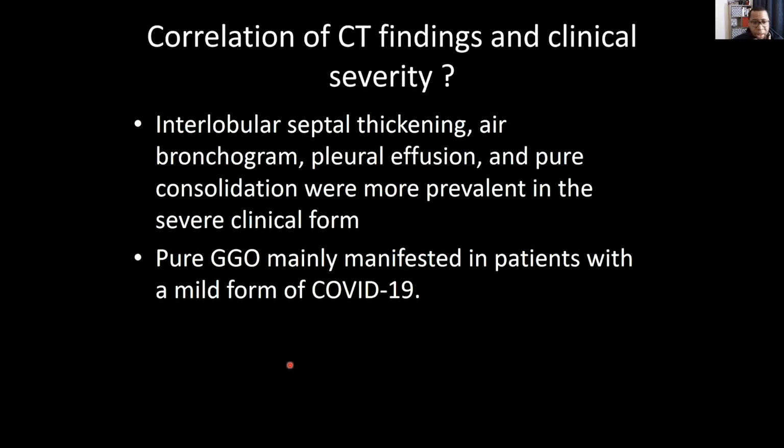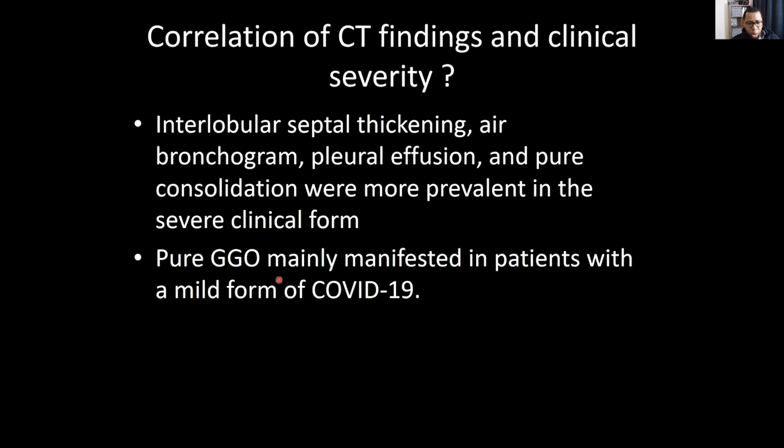So is there a correlation of CT findings and clinical severity? Some people think, yes. When you start to see interlobular septal thickening, air bronchograms, pleural effusions, like we said, those are rare. But when you have things like that, in addition to pure consolidation, which were more prevalent in the severe clinical form.